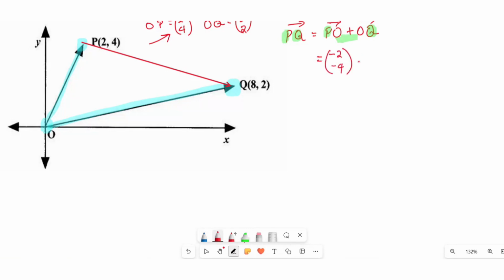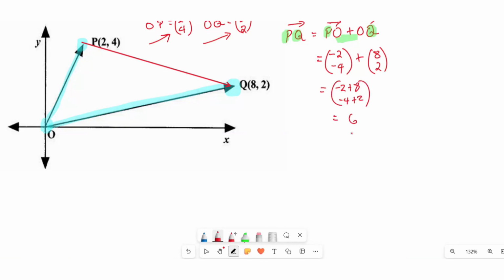That's PO. Plus OQ. And OQ will be as is, 8, 2. So basically what we're doing here, we're adding matrices. So it's -2 plus 8, -4 plus 2. And then we just finalize this.